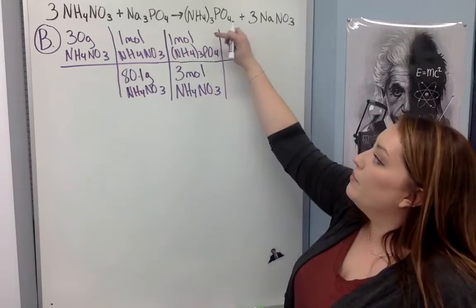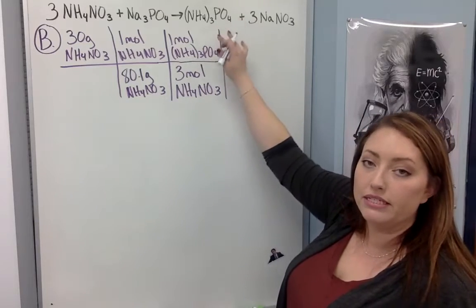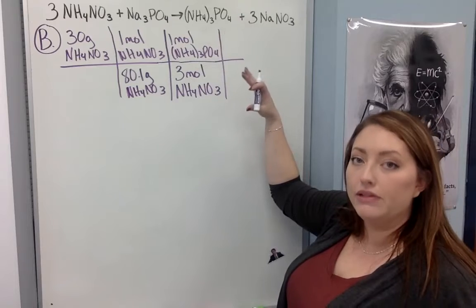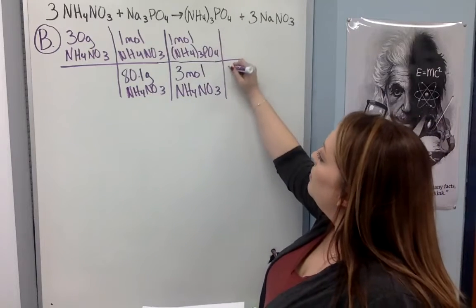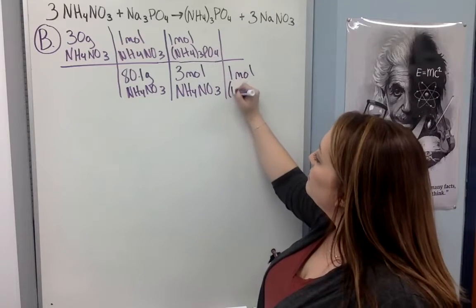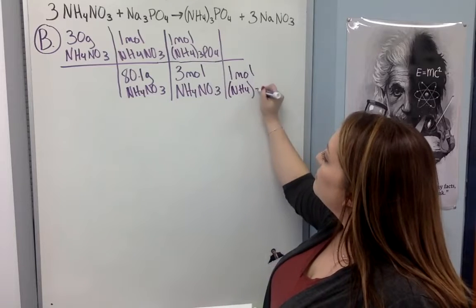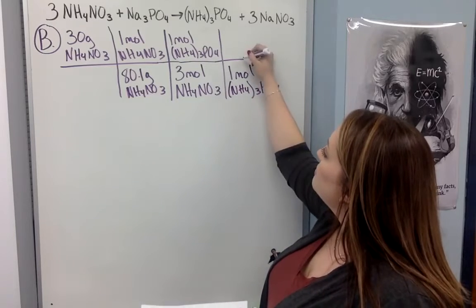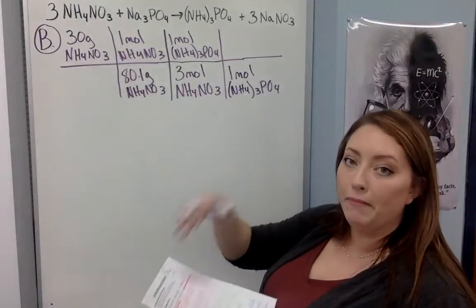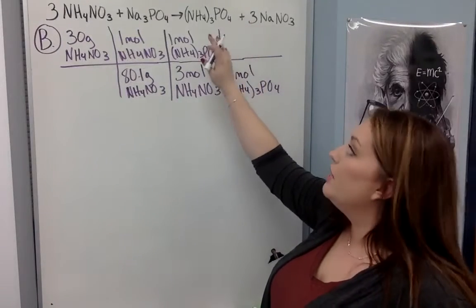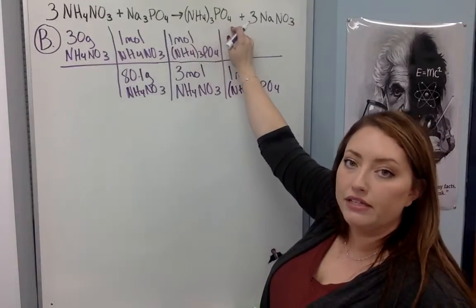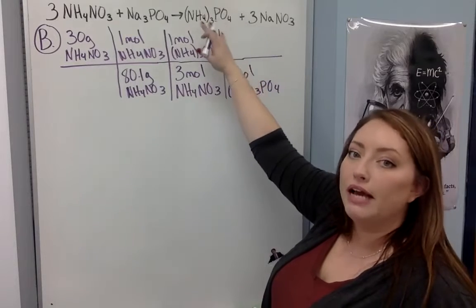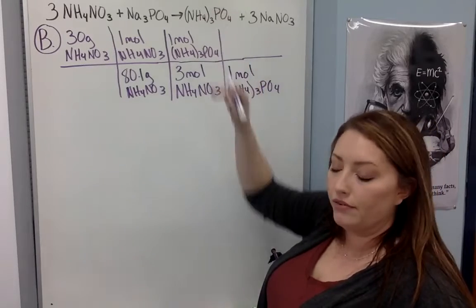So now that we're in moles of the product that's desired, we're going to go ahead and pull that all the way out to mass. So we're going to put 1 mole down here. And then you would get the mass of ammonium phosphate. You're just, again, finding each of these on the periodic table, adding them all together depending on how many there are of each of them.